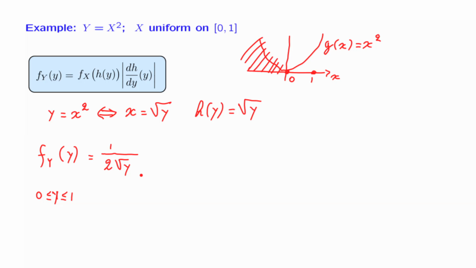As you can see, the amount of calculations involved here are rather simpler compared to what we would have to do if we were to go through our two-step program and work with CDFs. All that you need to do is essentially to identify the inverse function that, given a y, produces x's, and write down the corresponding derivative.